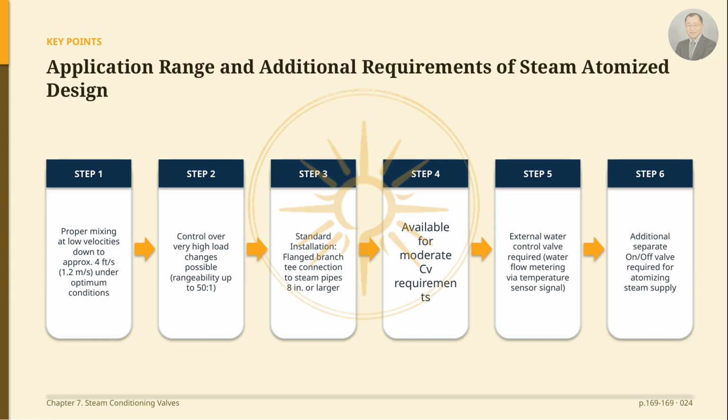Standard installation is done via a flanged branch connection T on a steam pipeline of 8 inches, or larger, and it is available for moderate CV requirements. However, this design requires an external water control valve to meter water flow based on a signal from a downstream temperature sensor, and additionally, a separate on-off valve for the atomizing steam supply must be equipped.